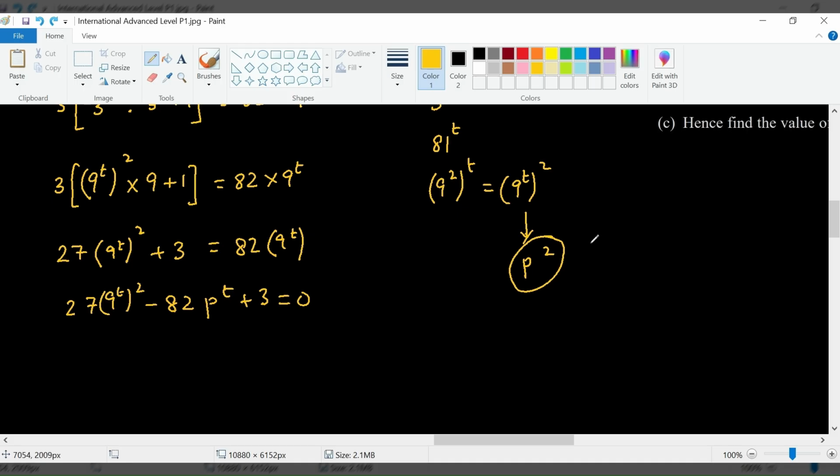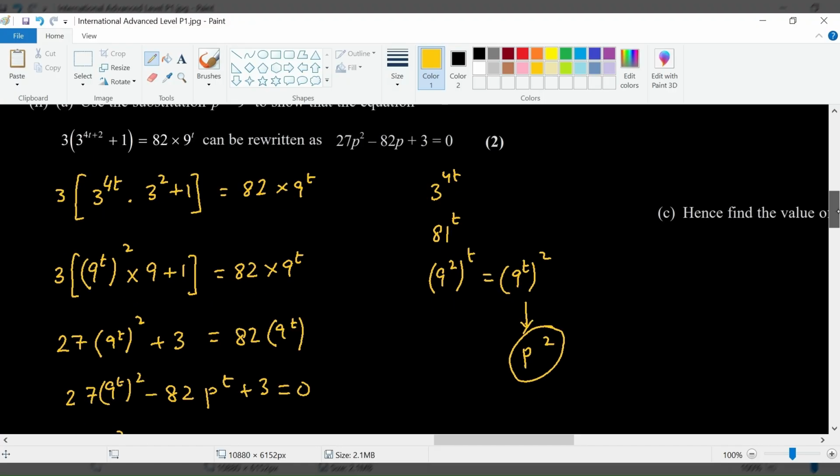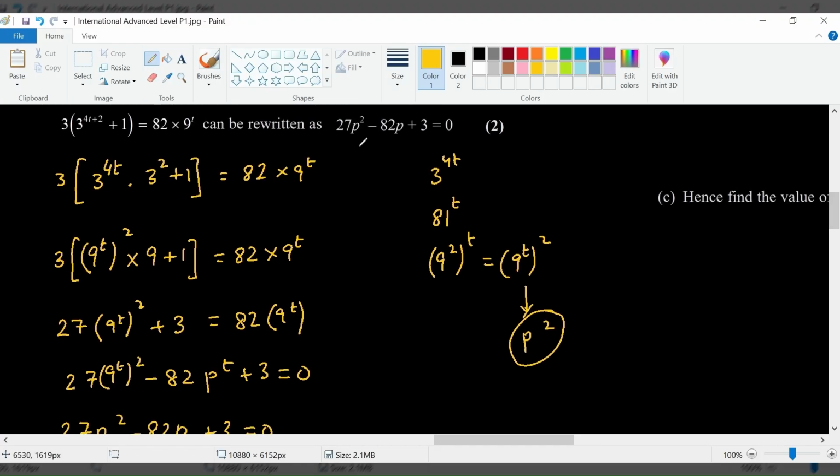Now the question itself says that wherever I see 9 to the power t square, I can write a p. So that means this is going to be 27p square minus 82p and then plus 3, which is the required expectation of the question. As you can see over here, this one and this one both are the same.